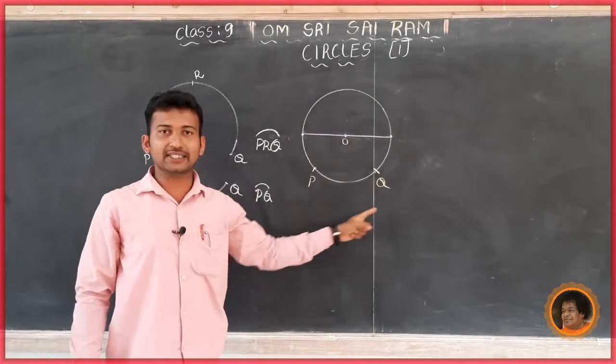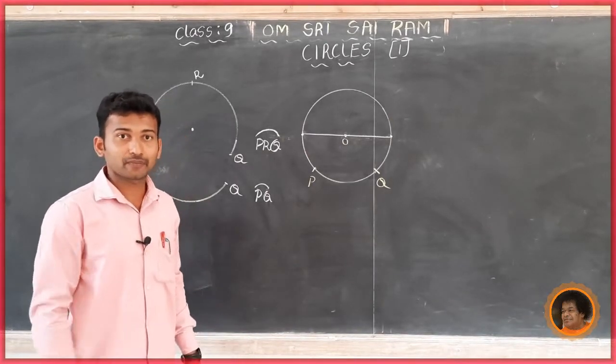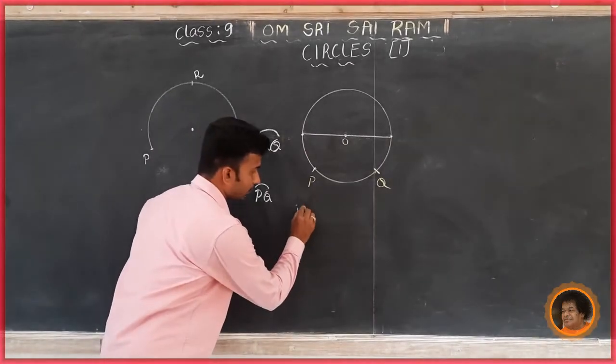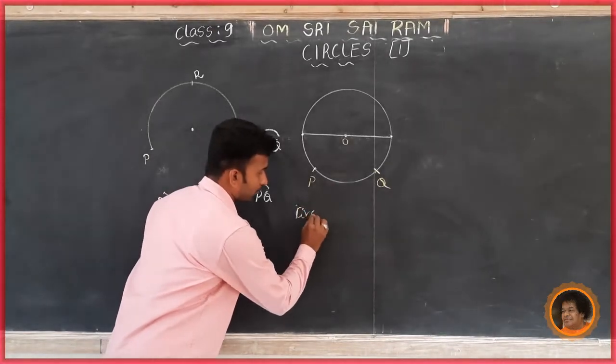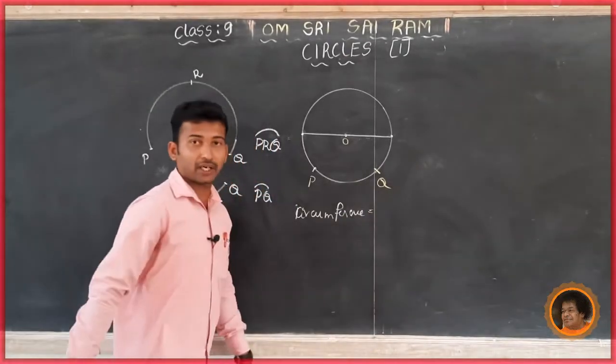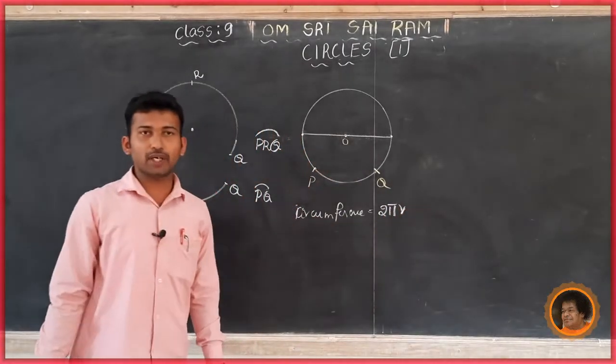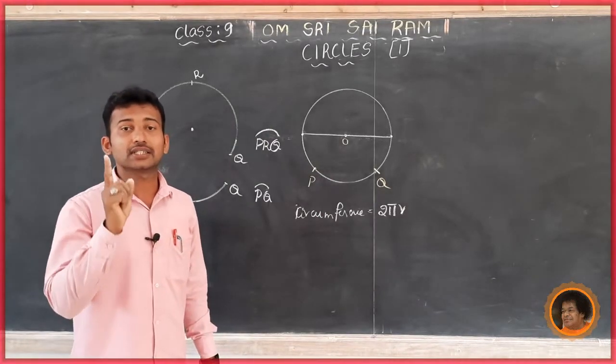The length of the circle is called the circumference. To find the circumference, the formula is 2 pi r. This is the formula to find the length of the circle.